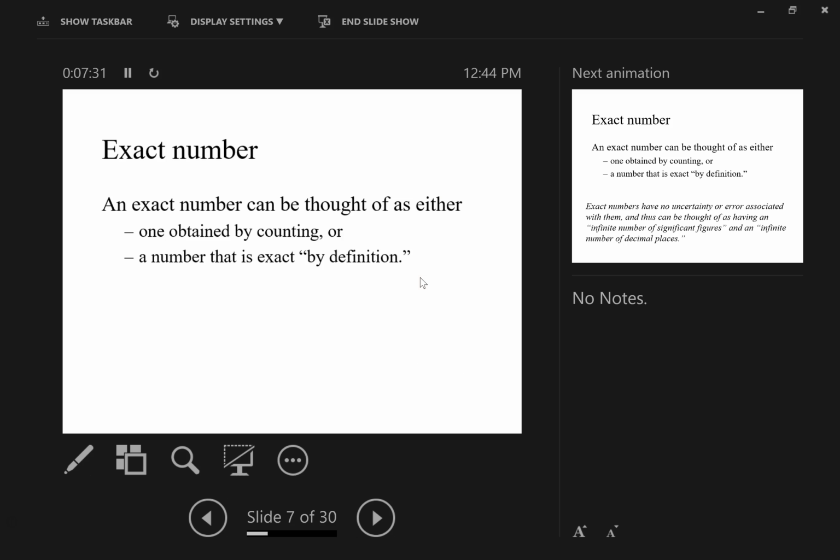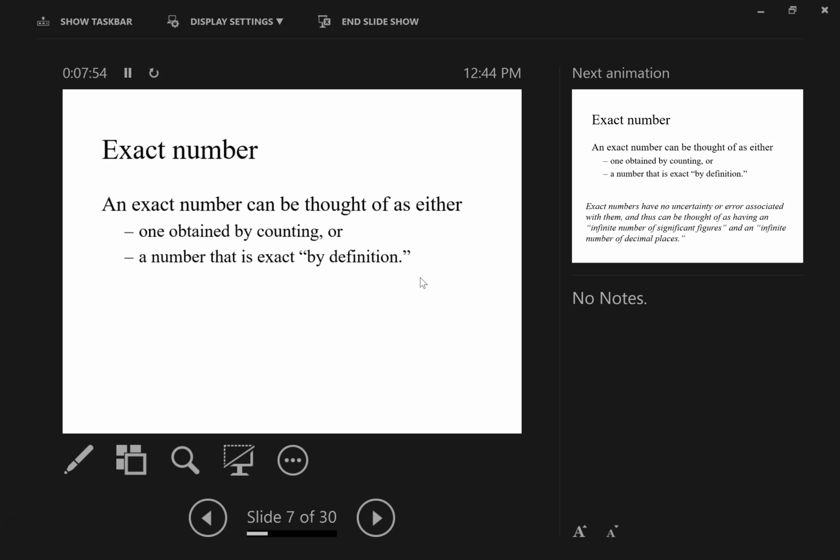So I said a few slides ago that all measured quantities have uncertainty associated with them. I feel like that was a lie, and this is why. Because there is a broad group of measurements that give us exact numbers with no uncertainty.